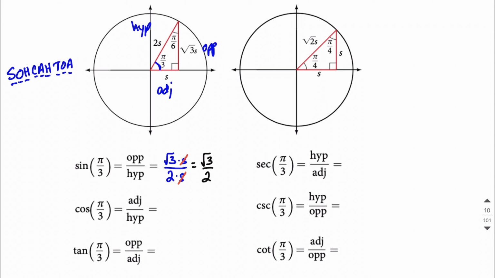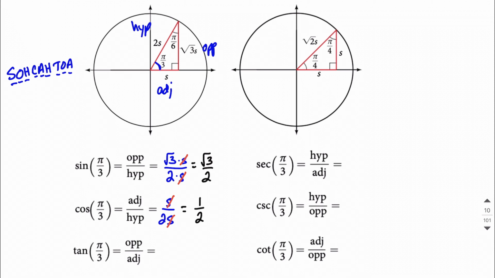All right, next up, let's try to do cosine, and then we'll do tangent, and then we'll talk about the other 3 trigonometric ratios. Okay, so cosine is going to be adjacent, so in our case, s, divided by our hypotenuse, 2s, and again, we get some simplifying down where we have s in the numerator, s in the denominator. As we simplify that down, that's going to make 1 over 2.